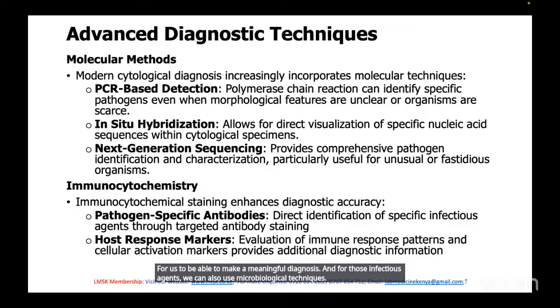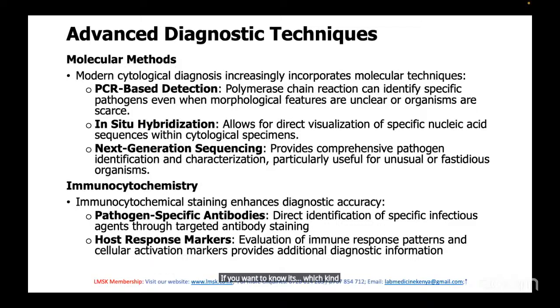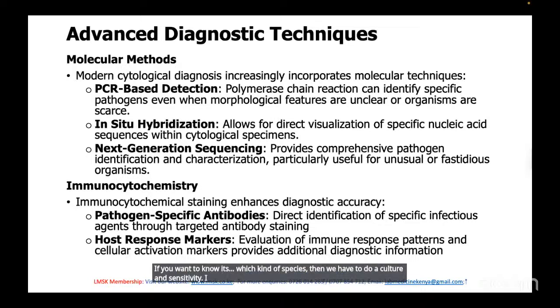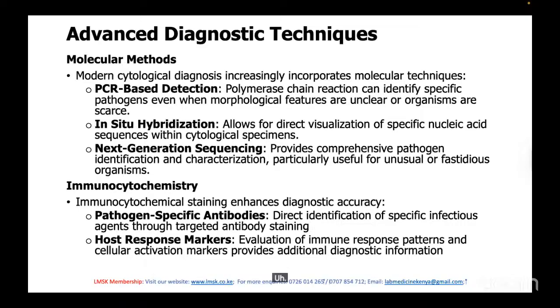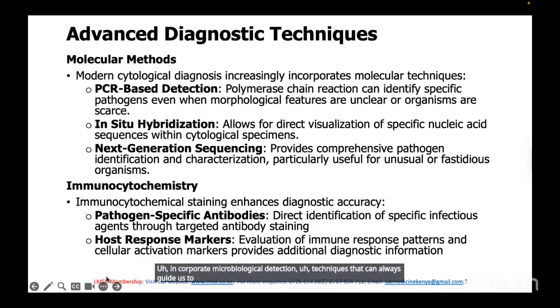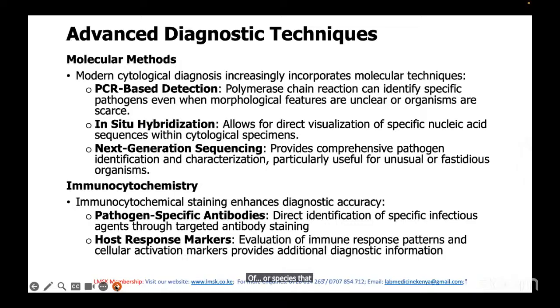If we want to know which kind of species, then we have to do culture and sensitivity. I forgot to mention in this slide that we also incorporate microbiological detection techniques that can guide us to know the specific types or species that we are dealing with if we are not able to identify them using cytology.